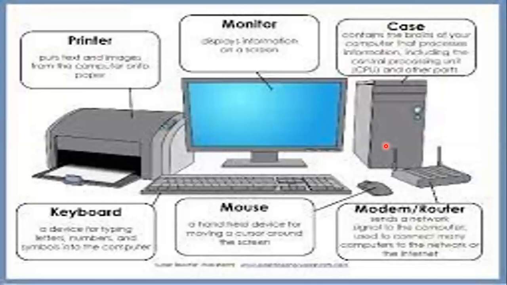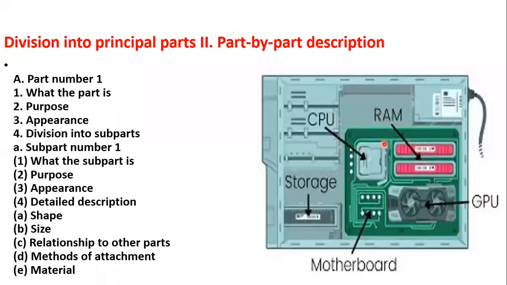Therefore, a technical writer must explain each of the components precisely: what that component is, and what the material, size, and all that are. Let's explain it further.